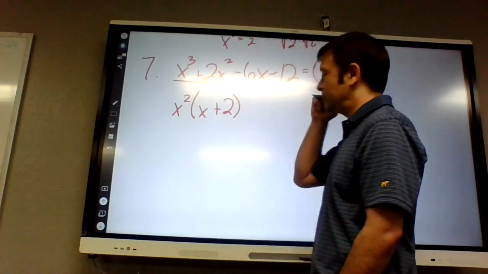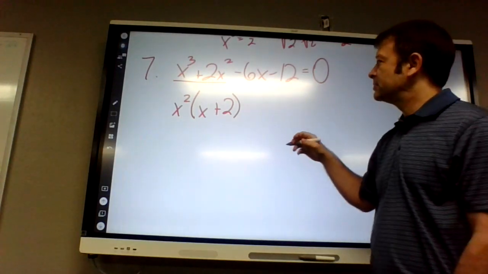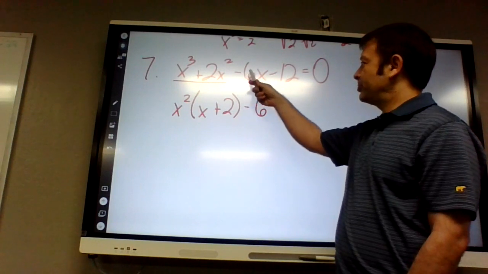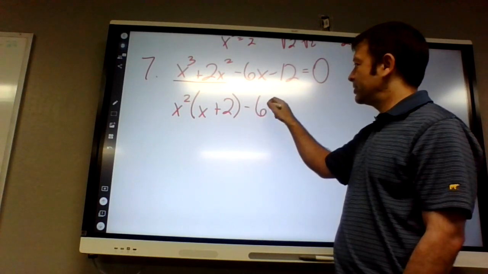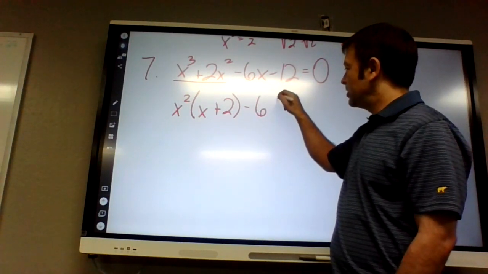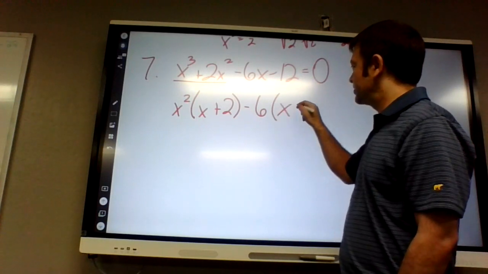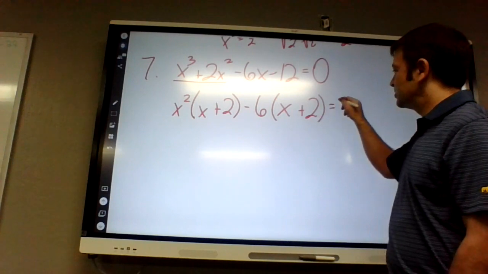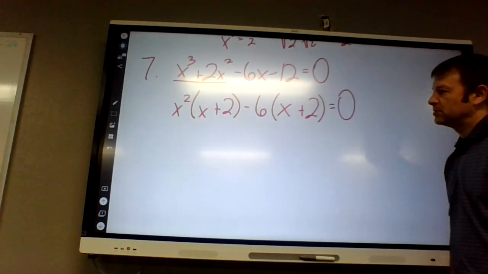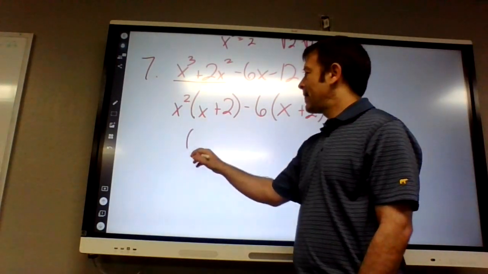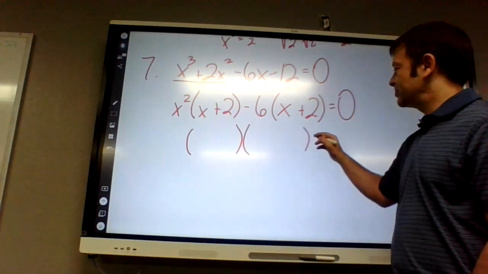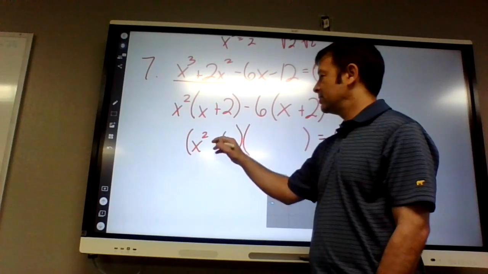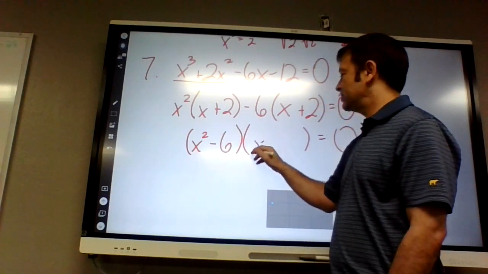What comes out of these two? Negative 6. If those were both pluses, I would just put a plus 6 right there, by the way. And then what's left? Negative 12 divided by negative 6. In the first set of parentheses goes the outside stuff. And the next set is the inside stuff.